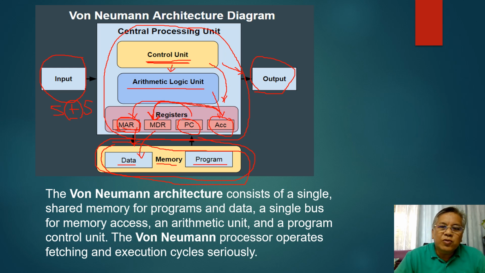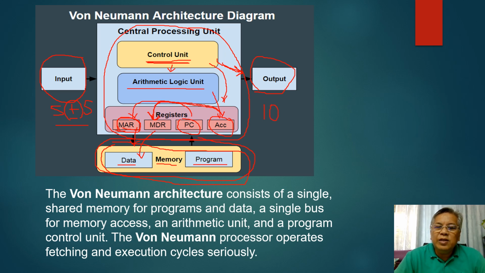Then, your control unit will again fetch the data from your accumulator, and then the control unit will provide this data to your output device, such as your monitor. No? The monitor will now give you the result of adding 5 plus 5, no? Which is now equal to 10.